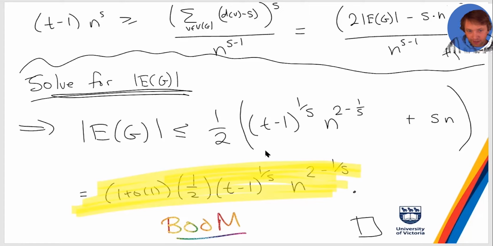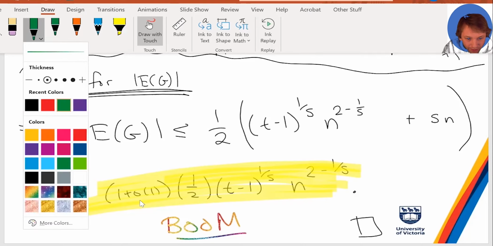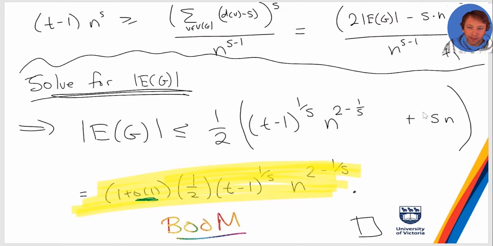But anyway, now to address this question from before about the little o(1) thing. The little o(1) comes from this linear term which is growing slower than this. Although if I think about it, I may have to say that.